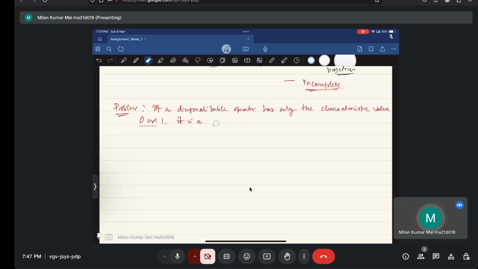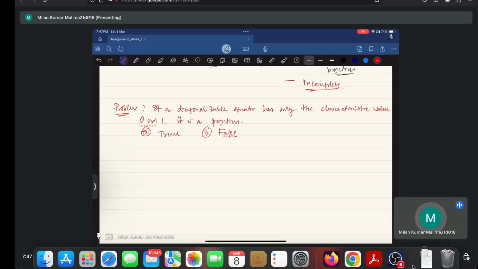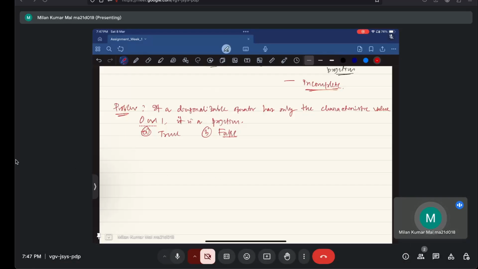Two options are there, true or false. So whether this statement is true or false, that we have to check.